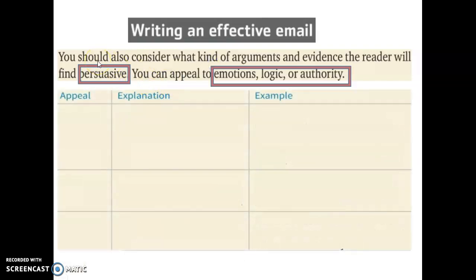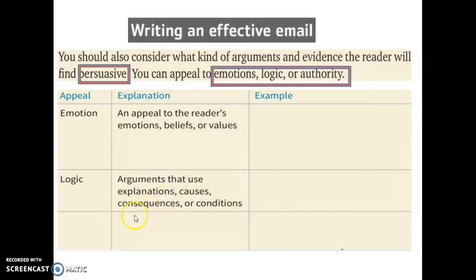Let's further explain what these are. The first appeal is emotion. You can address the receiver's emotions: an appeal to the reader's emotions, beliefs, or values. The next one is logic. When you're using logic to persuade your receiver, the person you're writing the email to, you can use arguments that use explanations, causes, consequences, or conditions.